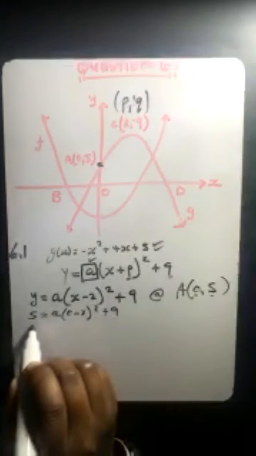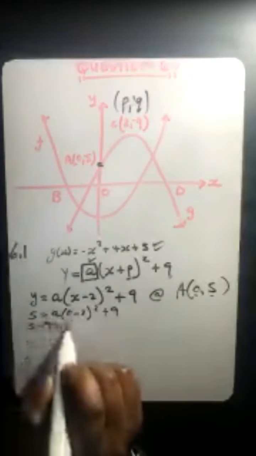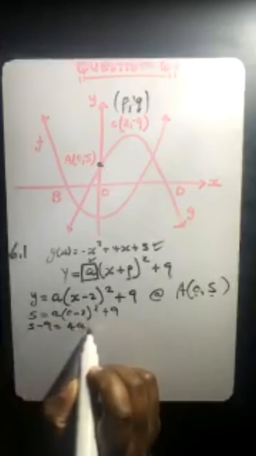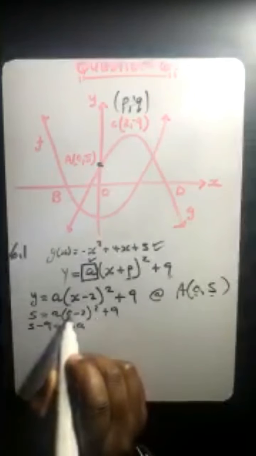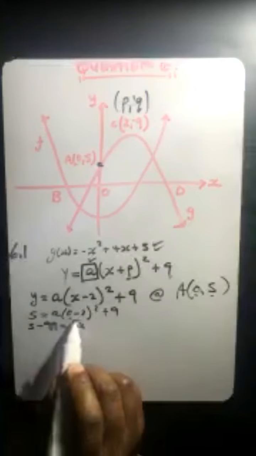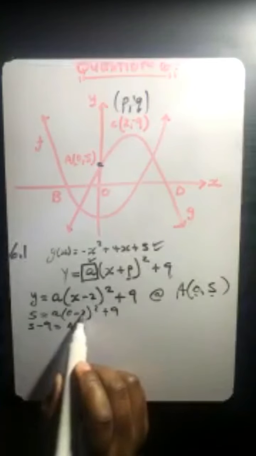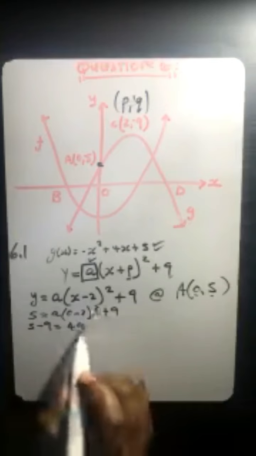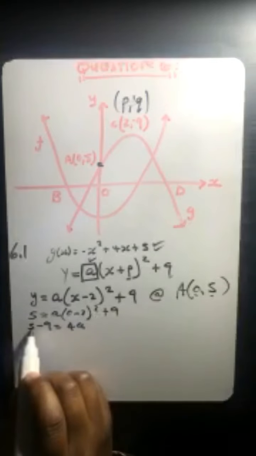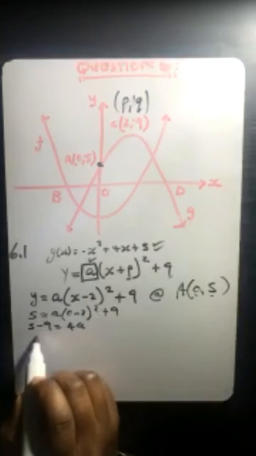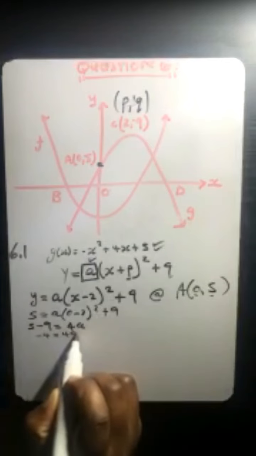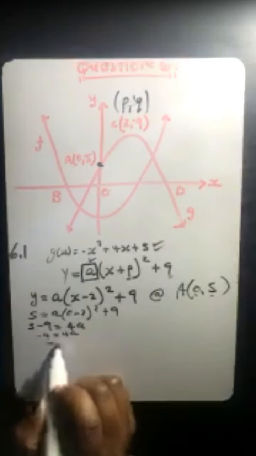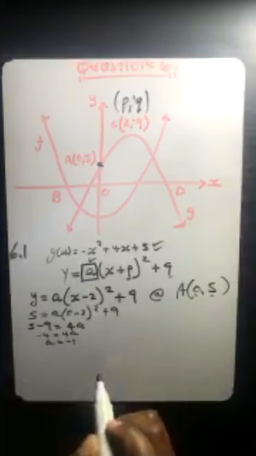We can transpose, then we have 5 minus 9 is equal to 4a, because 0 minus 2 is negative 2. Negative 2 squared is positive 4. That is why I'm having 4a there. And then 5 minus 9 is equal to negative 4, which is equal to 4a. And then we saw that a is equal to negative 1.